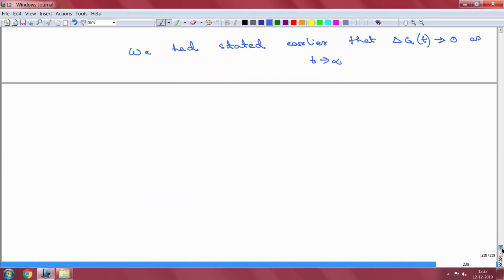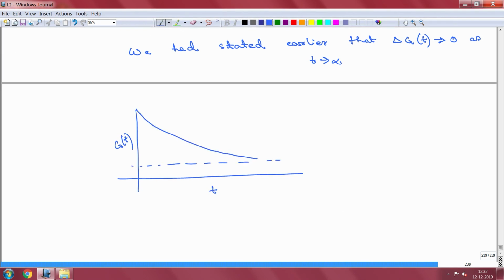So, basically this functional form has to be such that this is g t with respect to time, this thing decays over time, and this is basically a g infinity here, by the way.